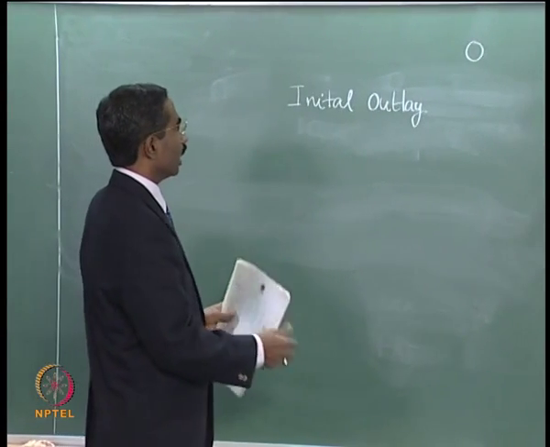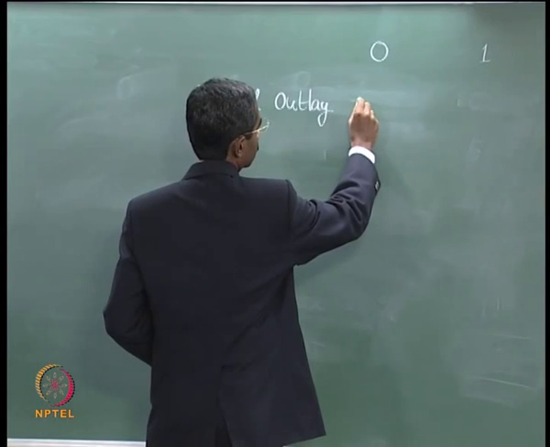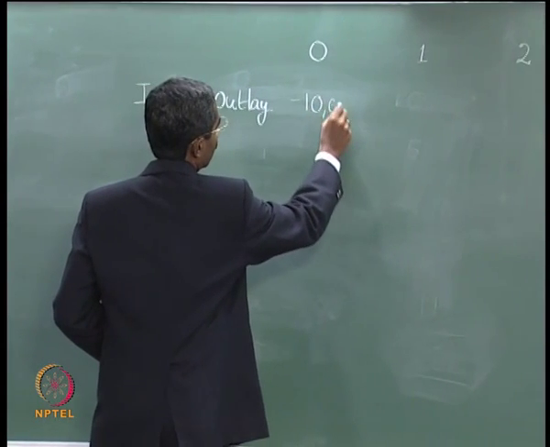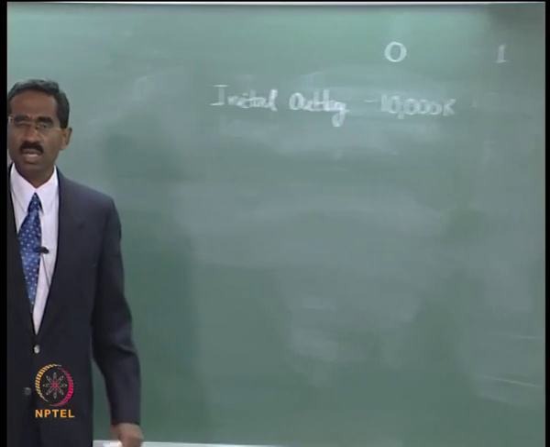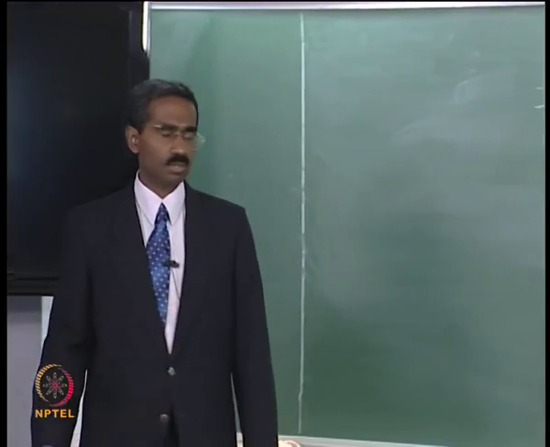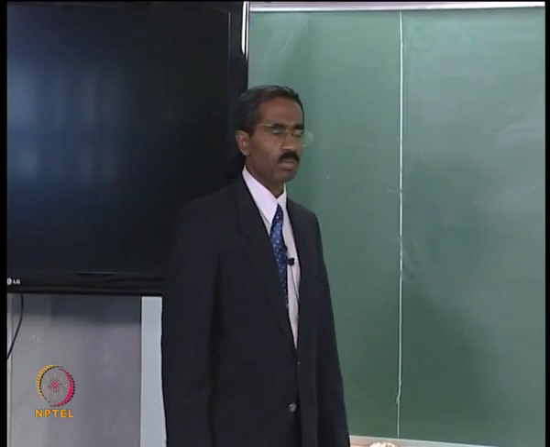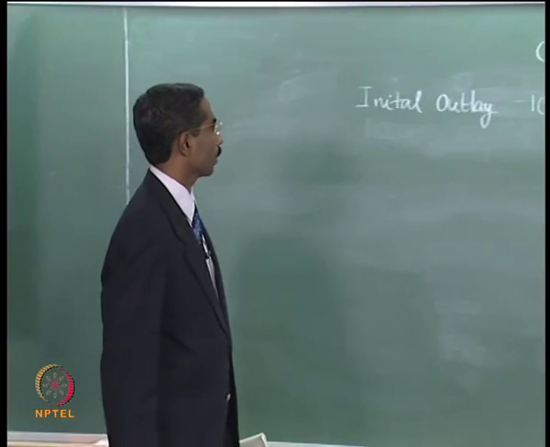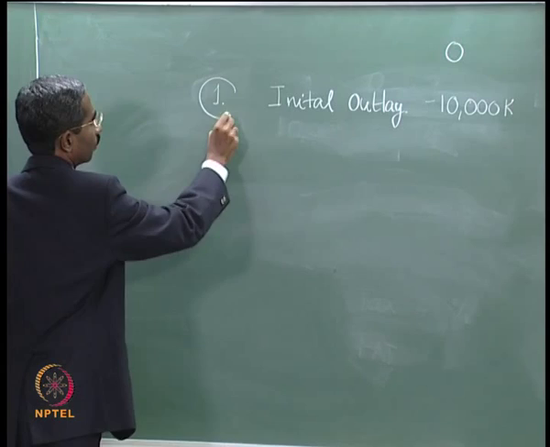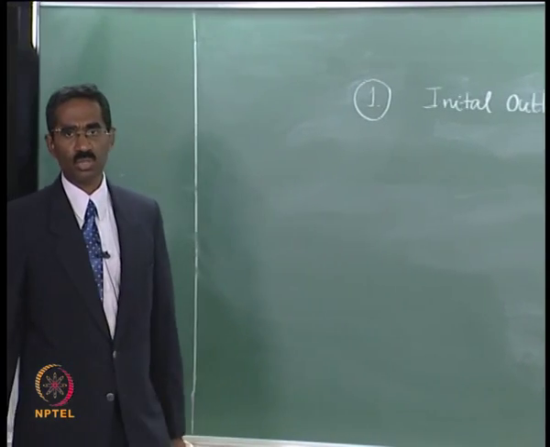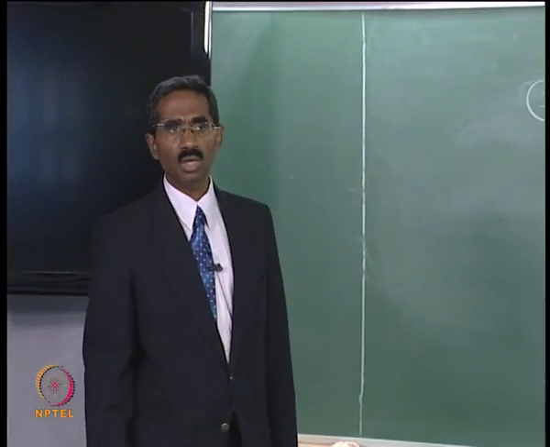The initial outlay, which happens in year 0, will be 10 million. Let me state everything in terms of thousands. The initial outlay will be 10 million. So this completes identification of the first cash flow stream, which is your initial outlay.